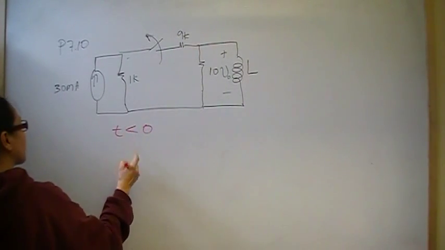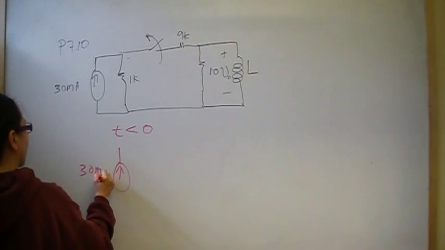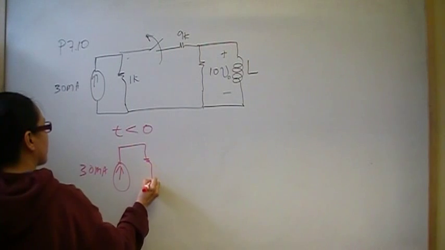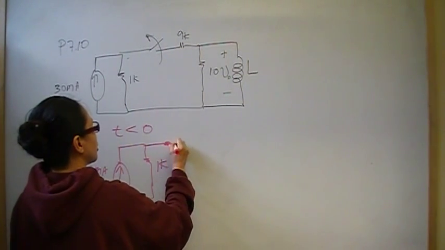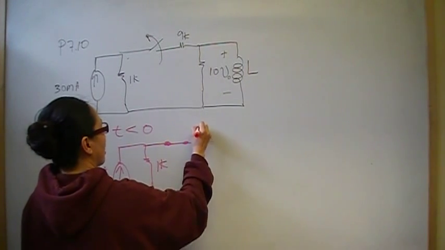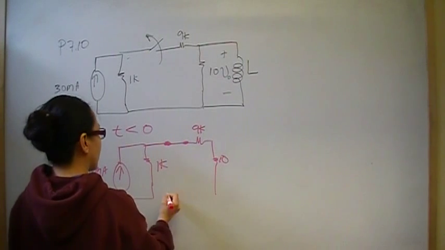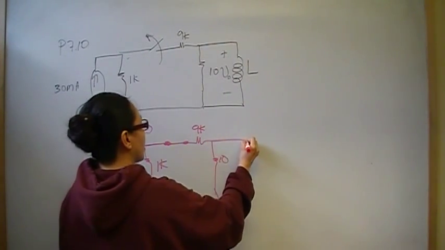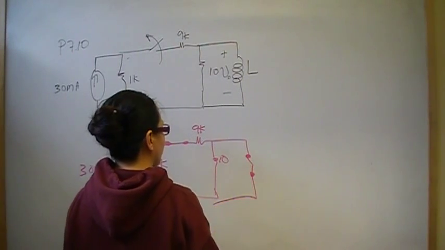Before time 0, the switch is closed and we have 30 milliamps going like this. We have 1K here, the switch is closed, and then we have 9K here, and we have 10 ohms there, and then we have an inductor that's behaving like a short circuit.